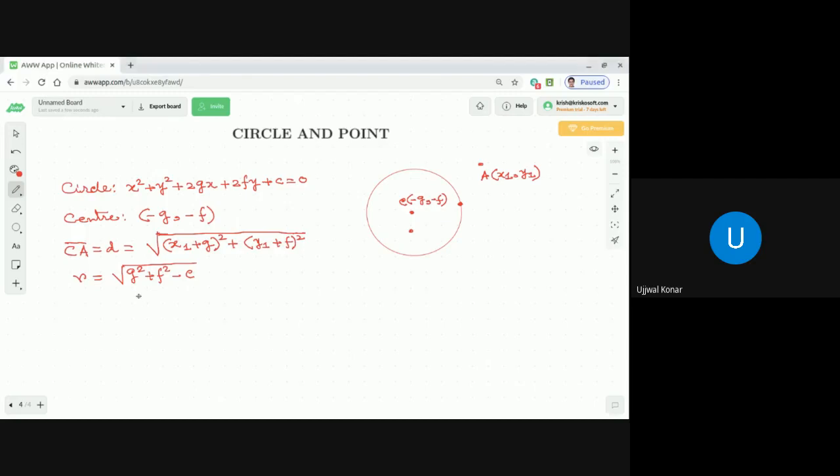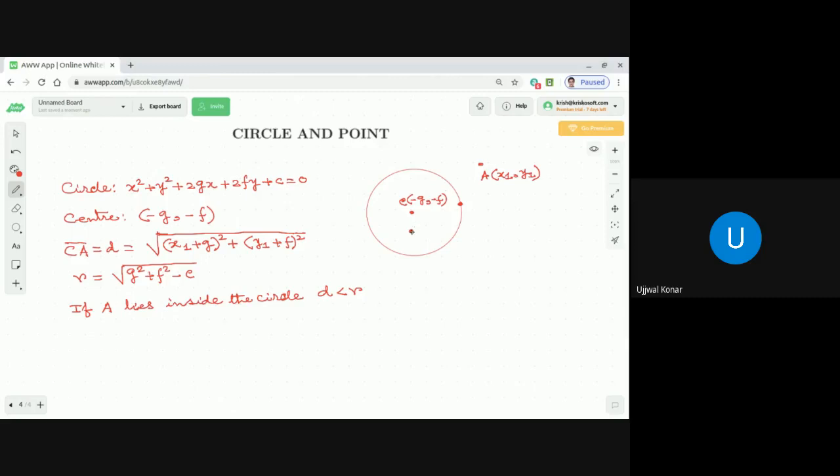If A lies inside the circle, D should be less than R. Correct or not?